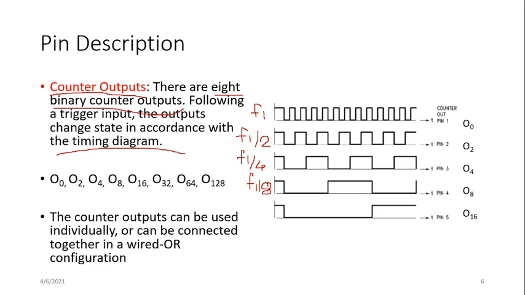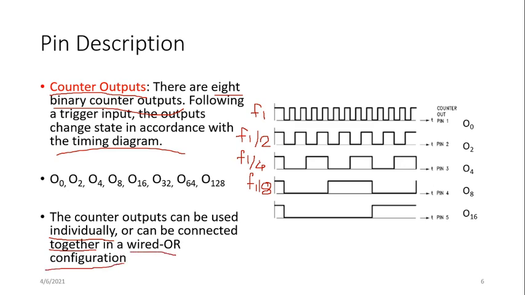Okay, but to generate these outputs, you have to give the trigger input. Now, what is a trigger input? We will see afterwards. Then, how can you use these outputs? This is very important. Counter outputs can be used individually. It means you can use either O2, O0, O32 for your purpose, or you can connect them together in a wired OR configuration.